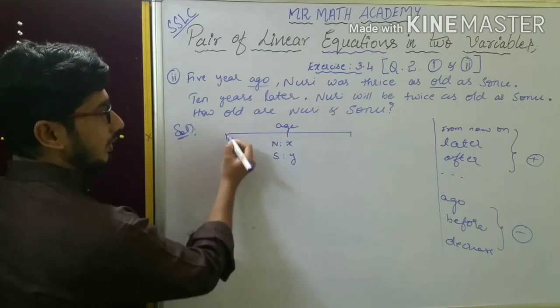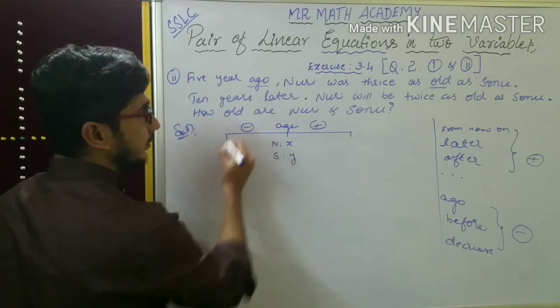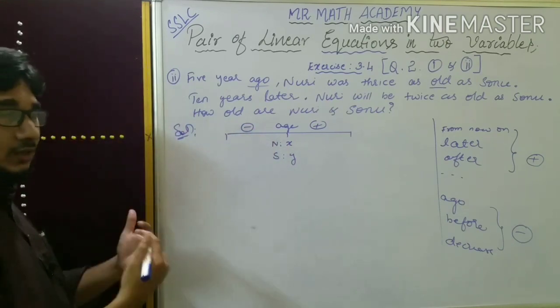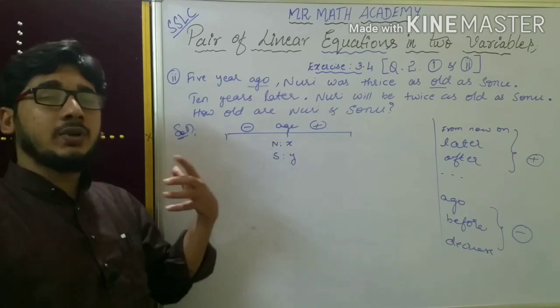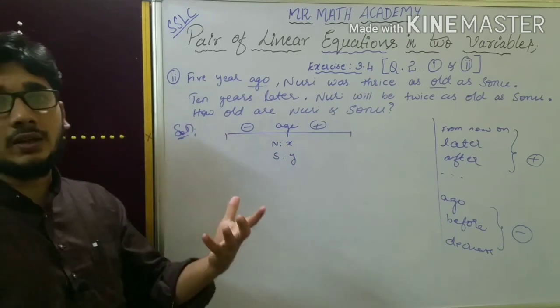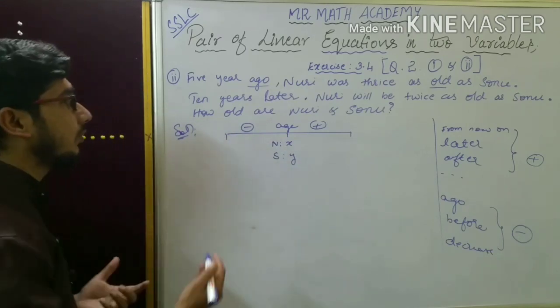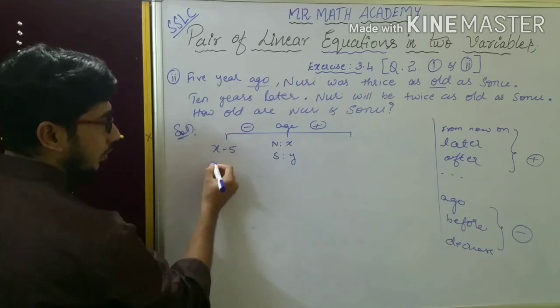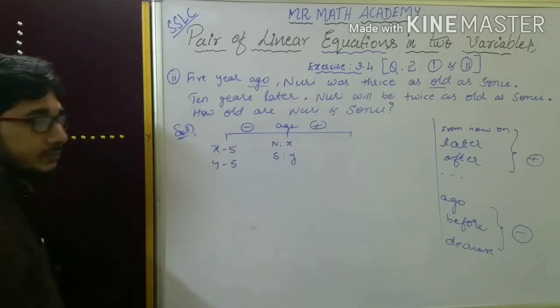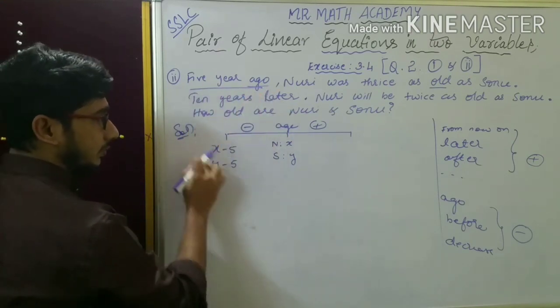This is negative, this is positive. 5 years ago means for both of them, from the current age we have to subtract 5. So X minus 5, and for this also Y minus 5. This is the condition for 5 years ago.